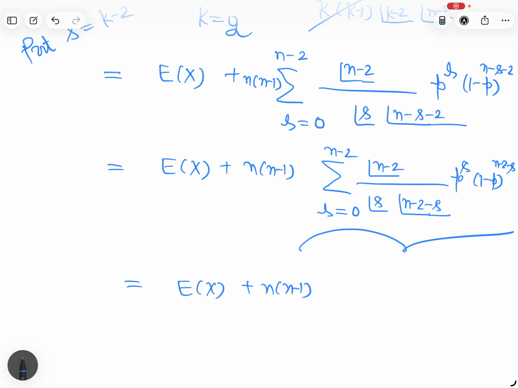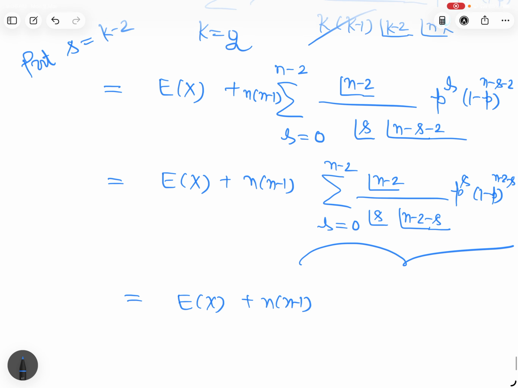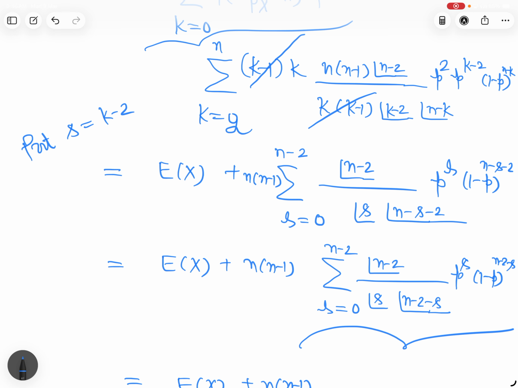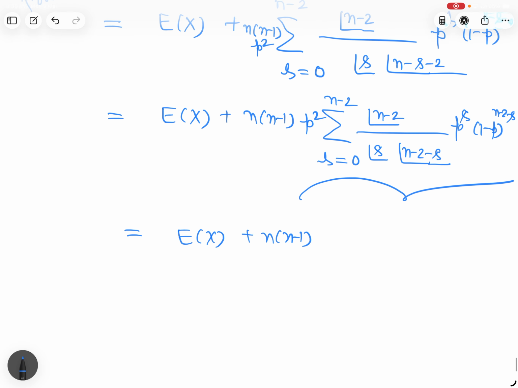One thing you know is that p square will come out. I have not written it here, but p square is also there. Now what is the formula for this? Inside, the thing is (p plus 1 minus p) to the power n minus 2.